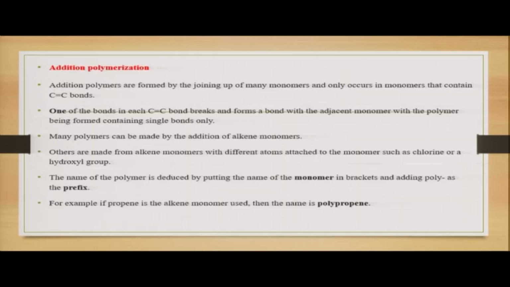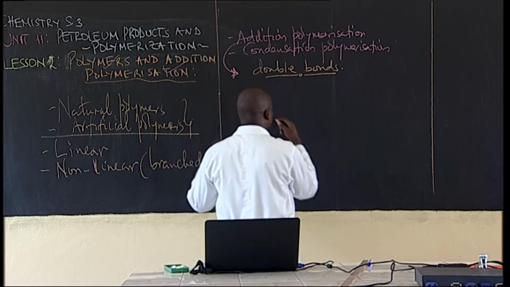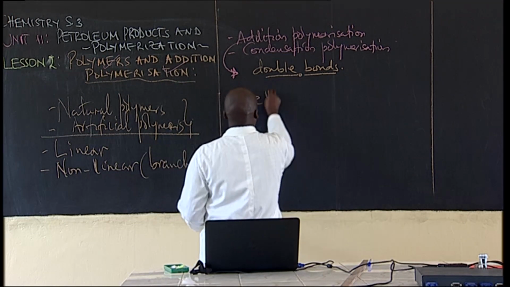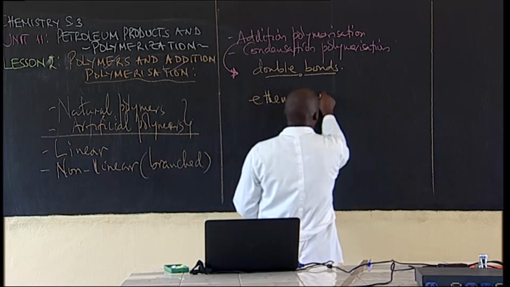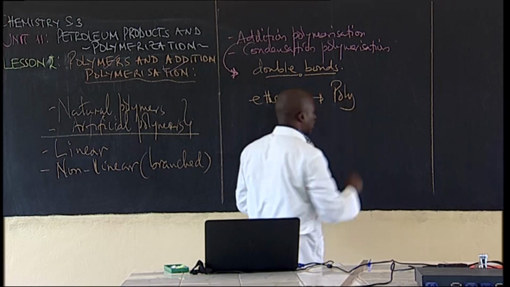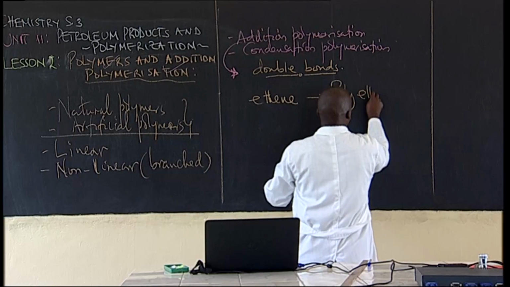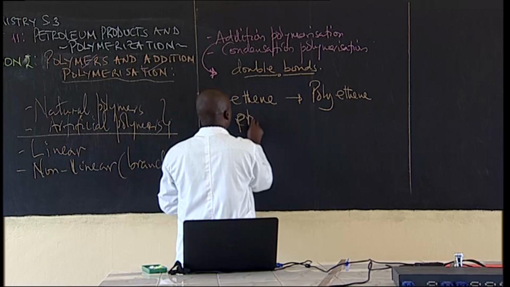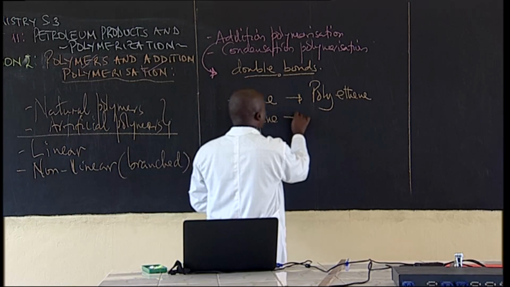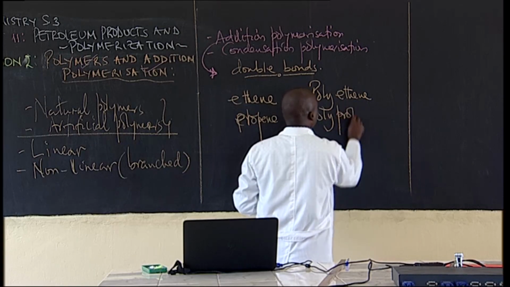as a prefix. So if you are naming a polymer formed from ethene, all you need to do is add poly. That is the prefix that you add. So it becomes polyethene. If it is from propene, another alkene, you add the word poly to get polypropene.